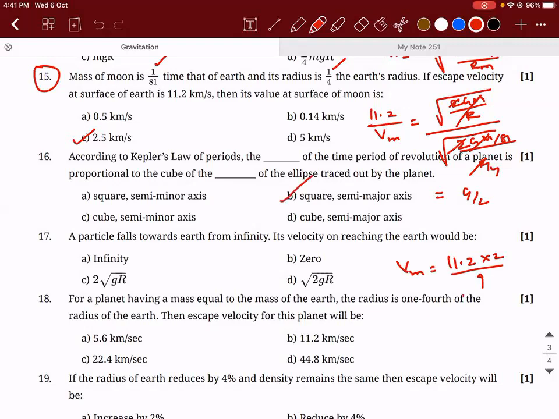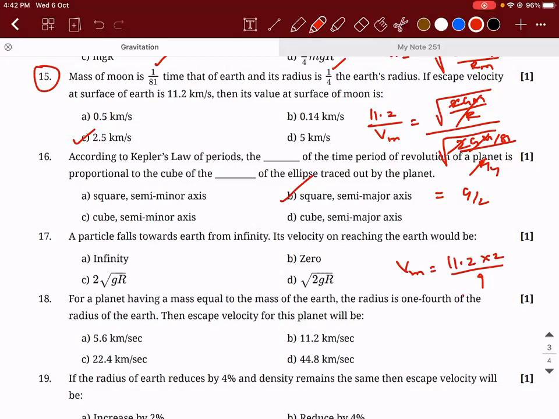A particle falls towards Earth from infinity, its velocity on reaching the Earth would be? See, what will be the velocity with which the particle is projected from the Earth so that it goes out of the gravitational field? Root 2 GR. Going out of the Earth's pull means it is going to infinity.